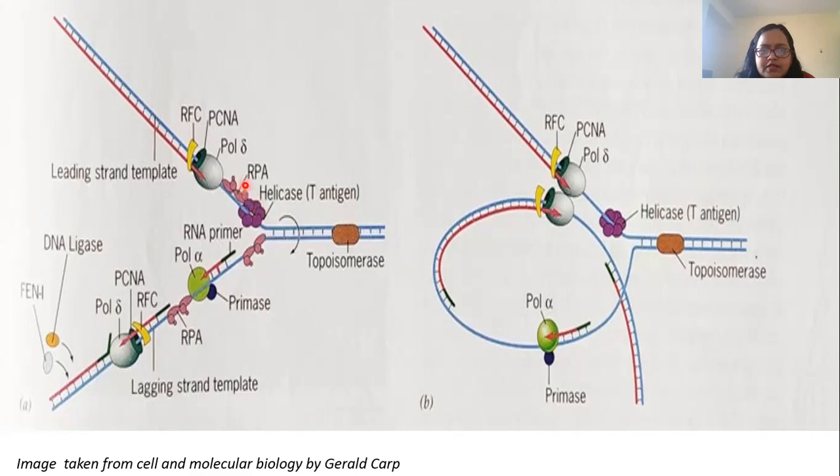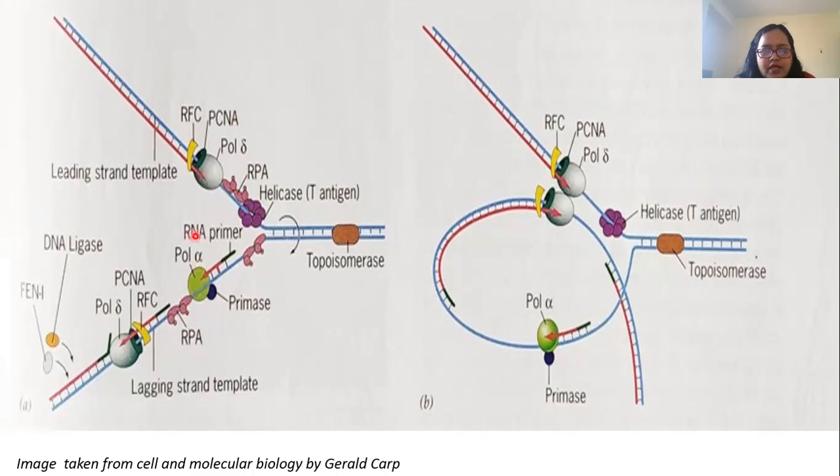Another protein is RPA. RPA means replication protein A. It acts as a single-stranded DNA binding protein, which means it maintains both the strands in the single-stranded state. So on both strands you can see RPA is there.